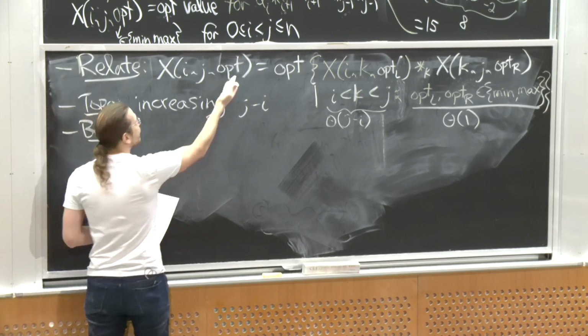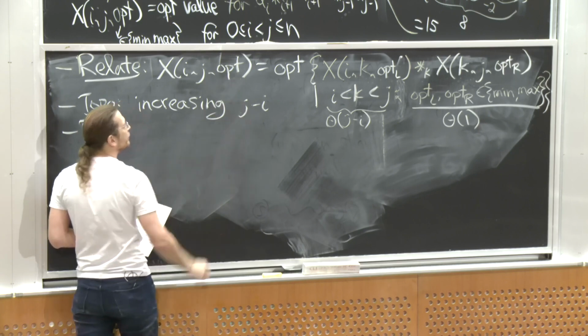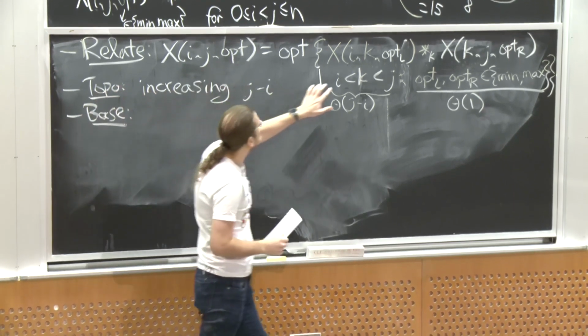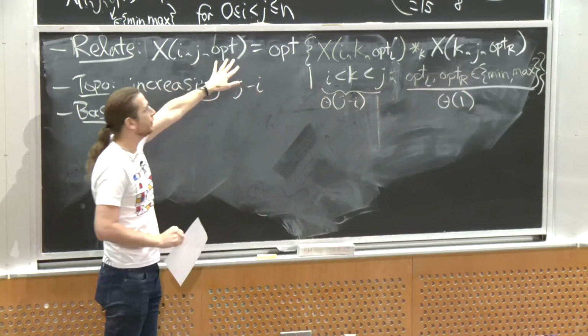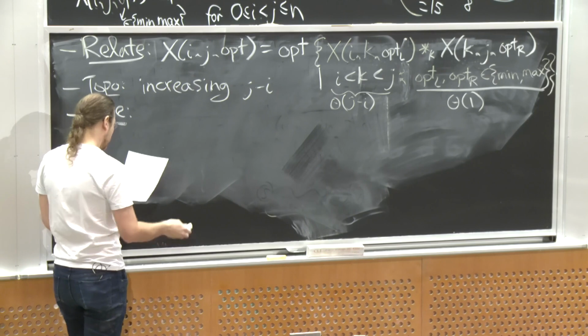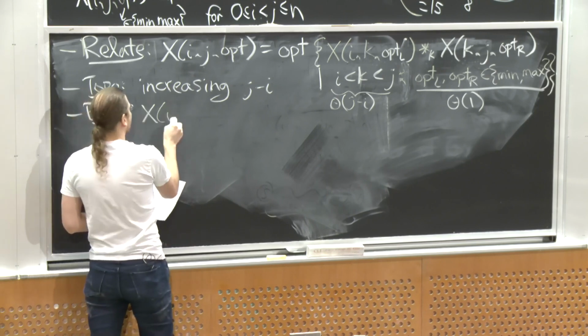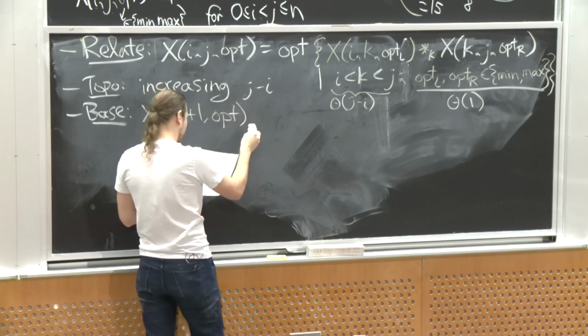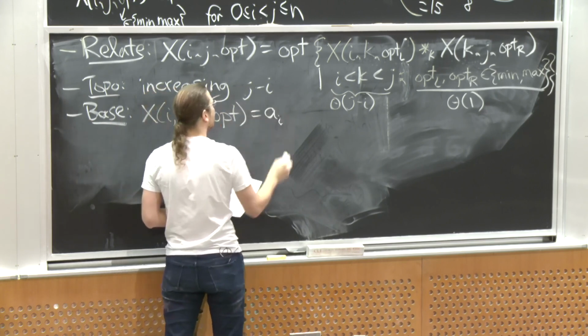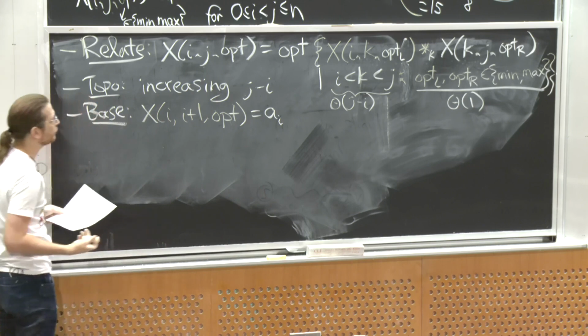And it doesn't matter how we order relative to opt, as long as we are increasing in j minus i, because i to k and k to j will always be strictly smaller than i to j, and so this will be acyclic. The base case is x of i plus 1, opt. This is always a i. Doesn't matter what opt is, because there's no choice.